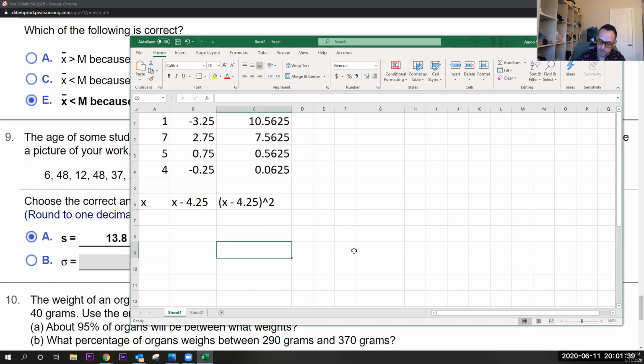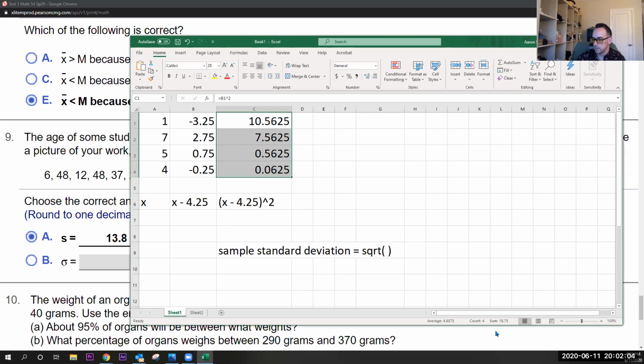If I'm trying to find the sample standard deviation, I would say that it equals the square root of something. How do you find the sample standard deviation? Square root of the sum of all these numbers. So I just add up all these numbers.